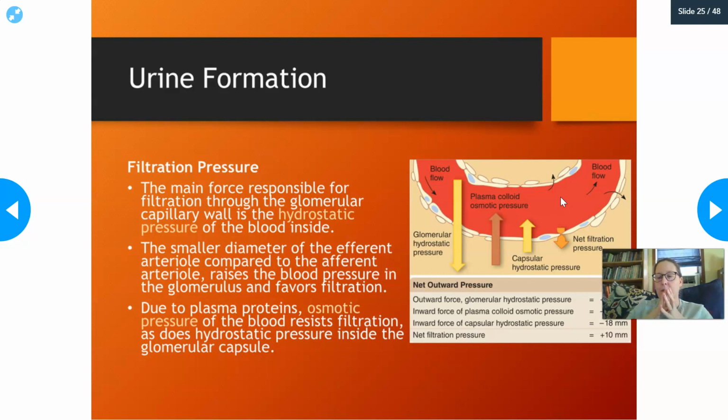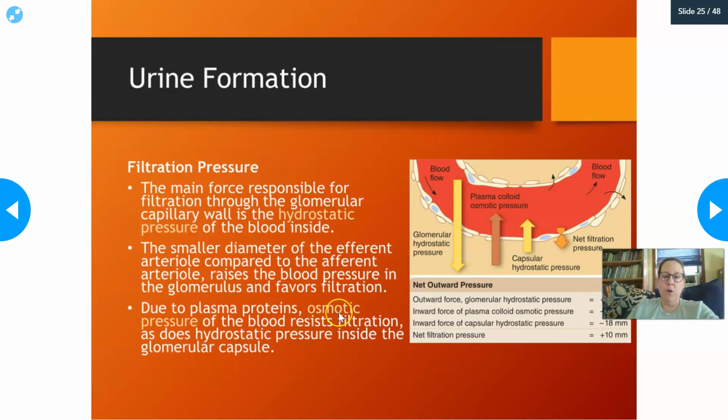And what happens is the liquid portion, the filtrate, is made by the pressure that's generated by the diameter difference between afferent and efferent arterioles, and it pushes that fluid into the glomerular capsule. And so again, the smaller diameter of that efferent arteriole compared to the afferent raises the pressure in the glomerulus and favors filtration. So there has to be a diameter difference between the two, right?